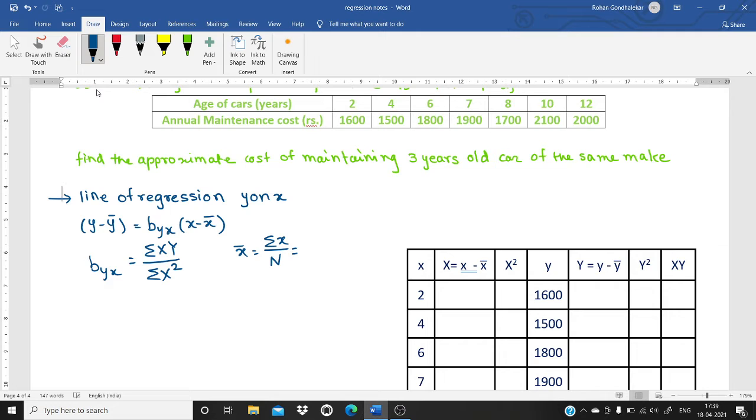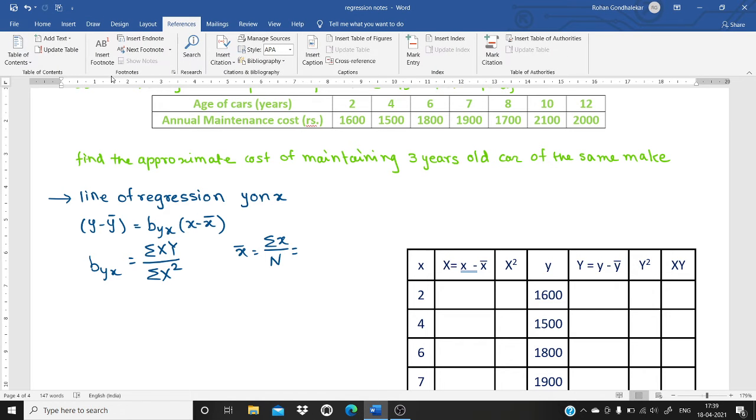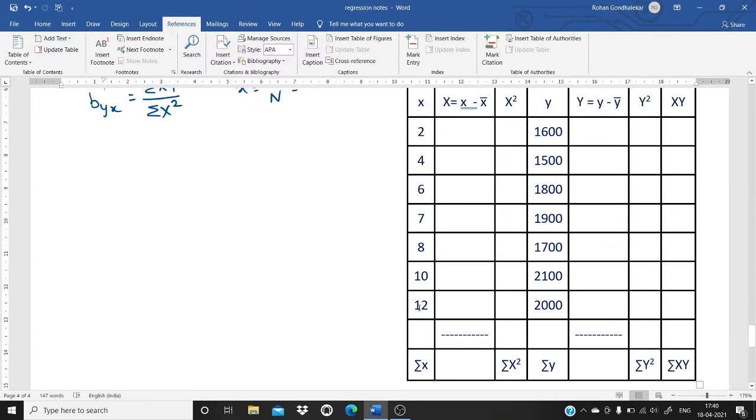So what is the summation of x? Just have a look at this. If I calculate the summation x, then 2 plus 4 is 6, 6 plus 6 is 12, 12 plus 7 is 19, 19 plus 8 gives me 27, 27 plus 10 gives me 37, and 37 plus 10 is 47, 47 plus 2 is 49.